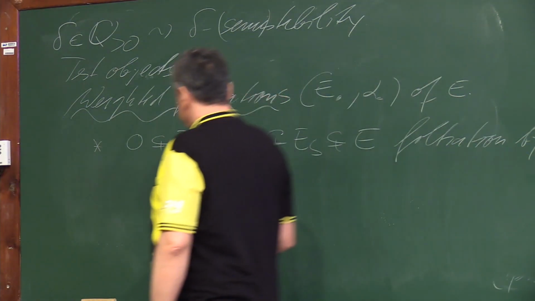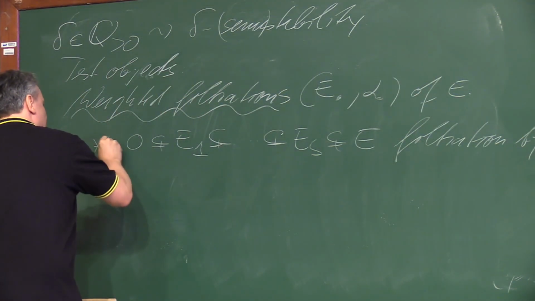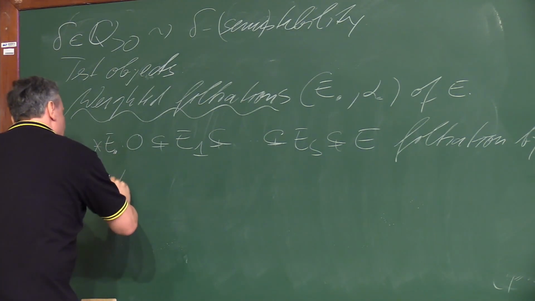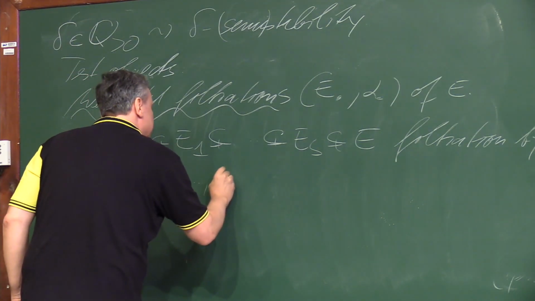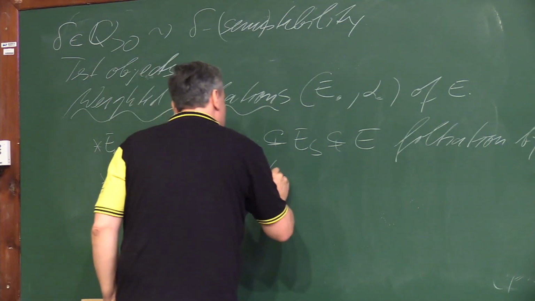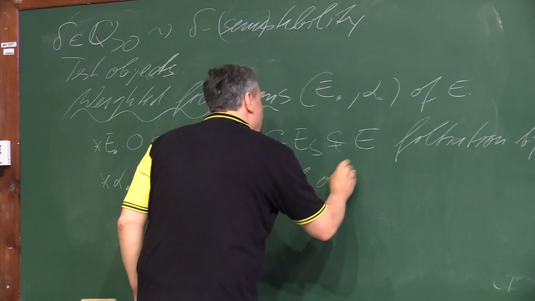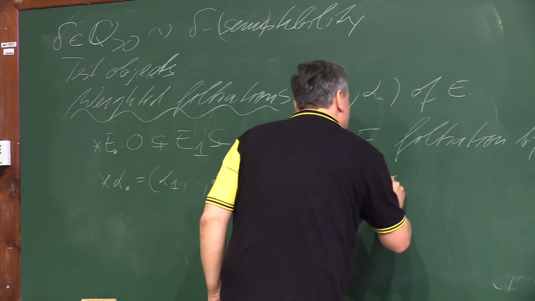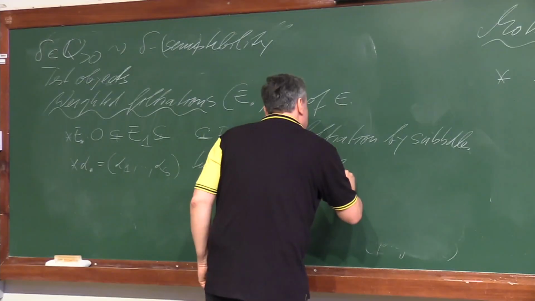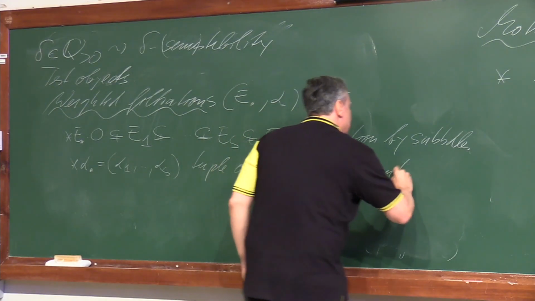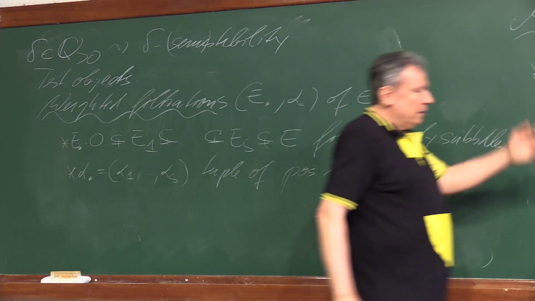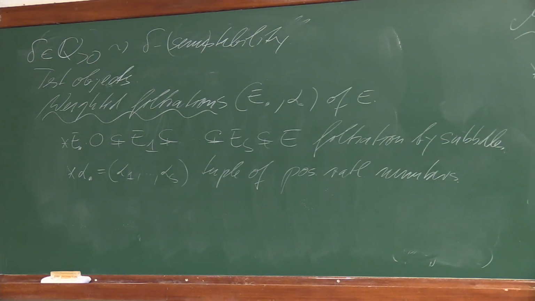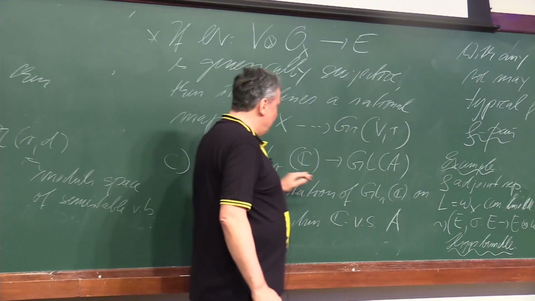And alpha, so this is the filtration, and alpha is just a tuple of positive rational numbers. You should see this in analogy to classical geometric invariant theory.